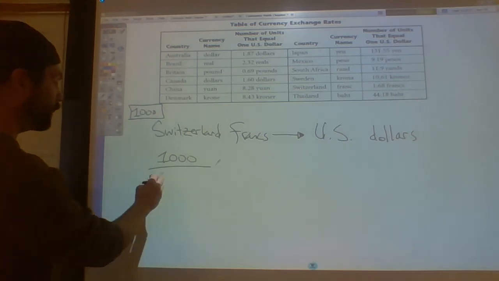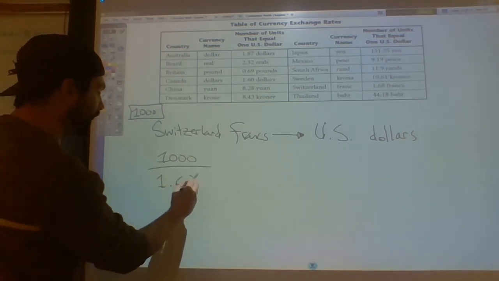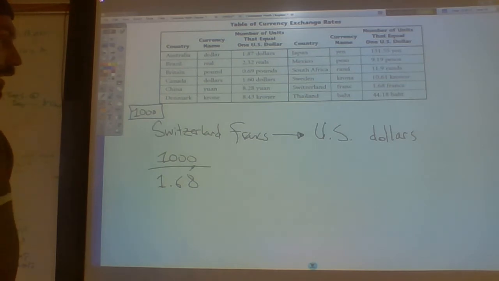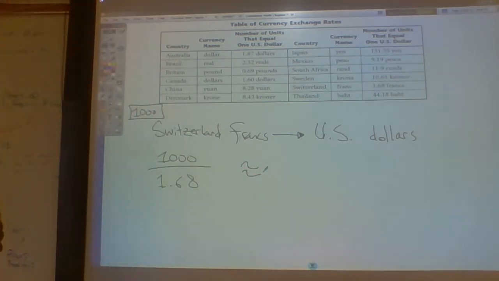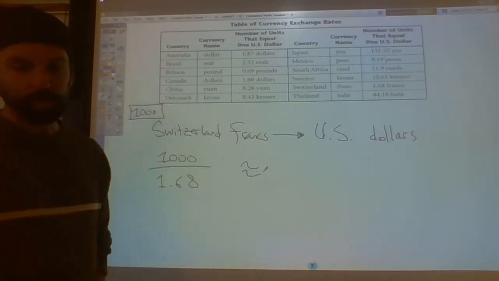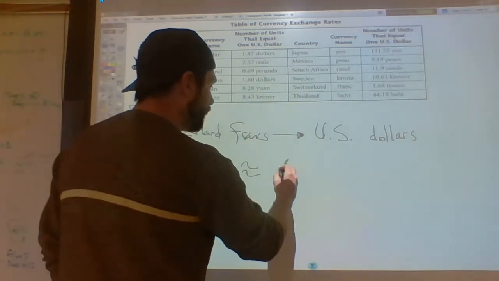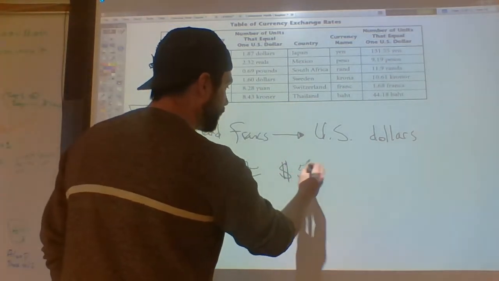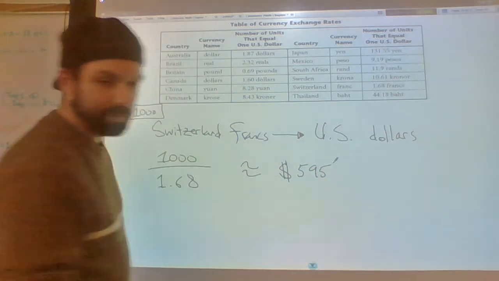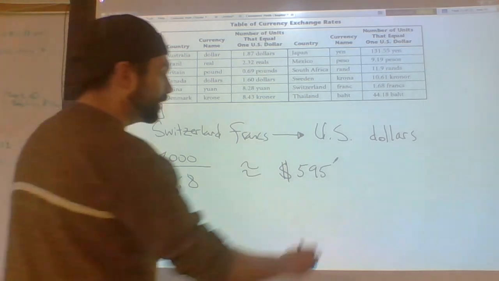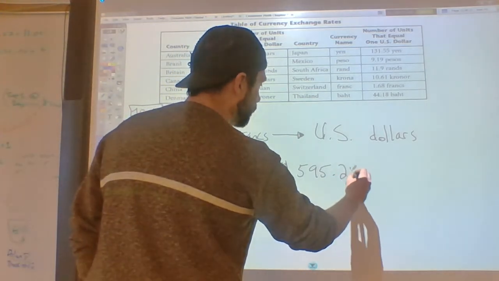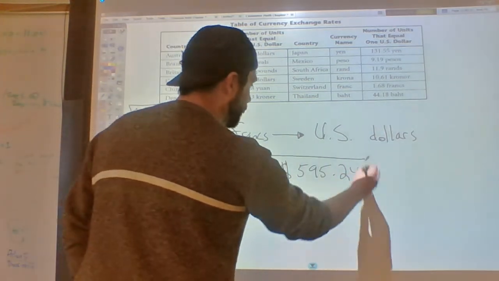And for every 1.68 francs, you are going to get $1 in return. So again, grabbing the calculator, do some quick division. 1,000 Swiss francs is going to turn into $595.24 American.